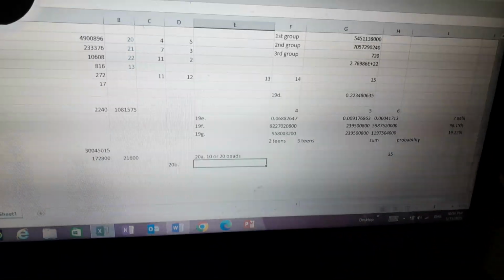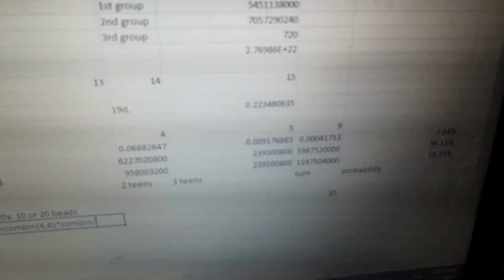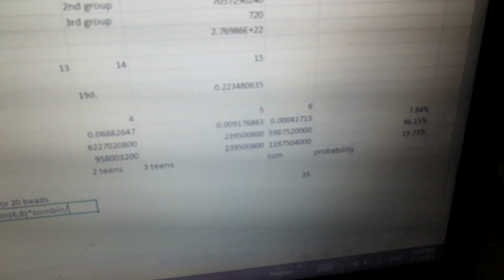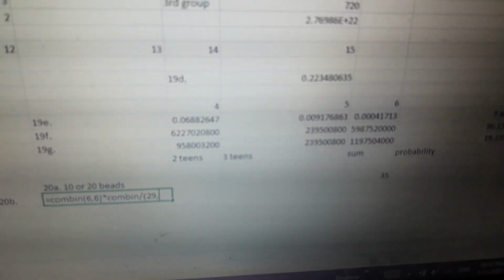So the answer here for 20B is the product of the combination of 6C6 times the combination of 29C19, and then divided by the combination of the total, 35C25.